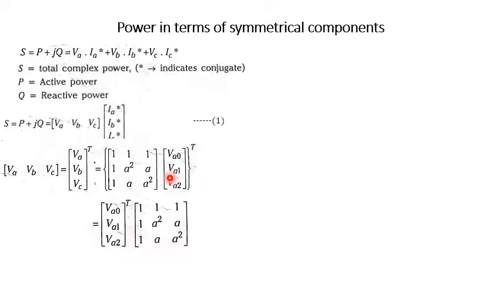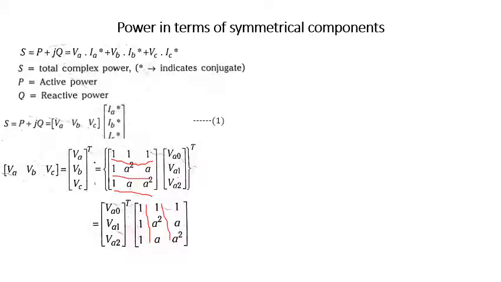And here you can see that when you take the transpose of the matrix, rows are converted into columns. This is a 3 by 3 matrix. So what will happen if you convert that? The first row will become the first column, and the next row will become the second column.